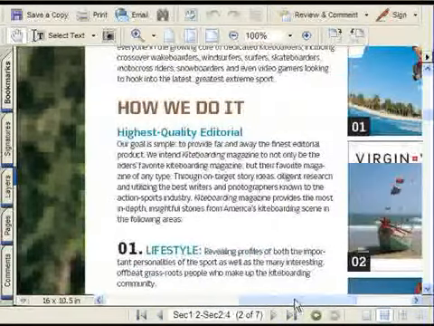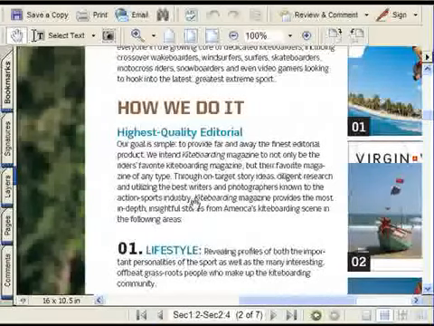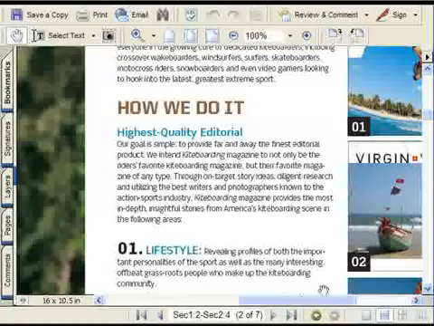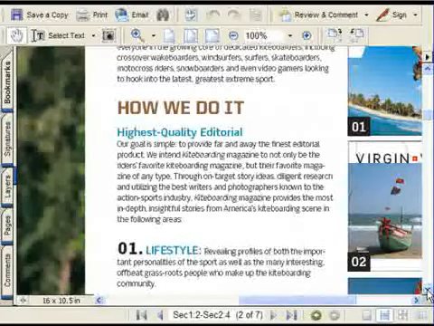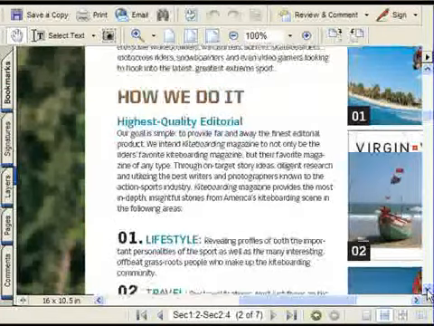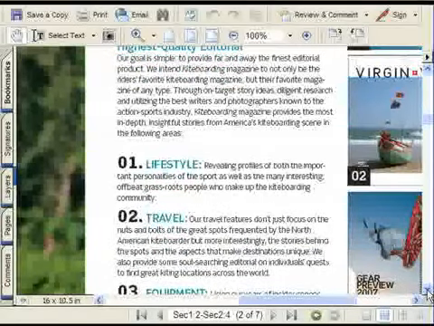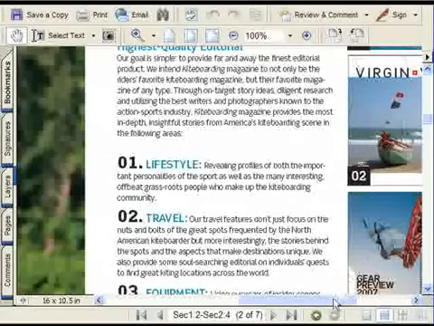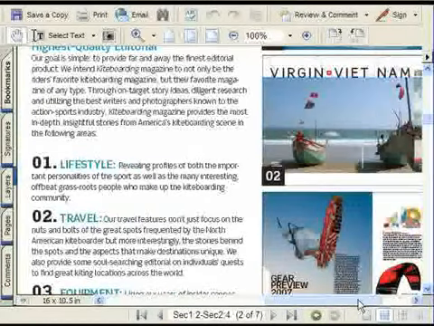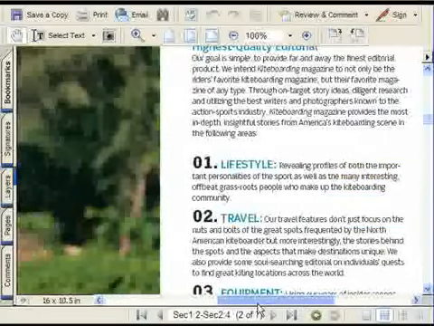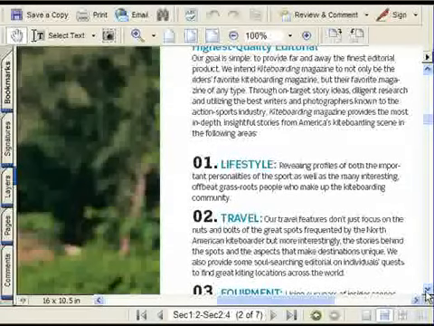So it gives you a little bit of background of what kiteboarding is all about, what the lifestyle is, grassroots, offbeat people, the kiteboarding community. They have a travel feature for people that are traveling to different areas, like the Virgin Islands or Vietnam, or I've seen some in Costa Rica, Brazil.